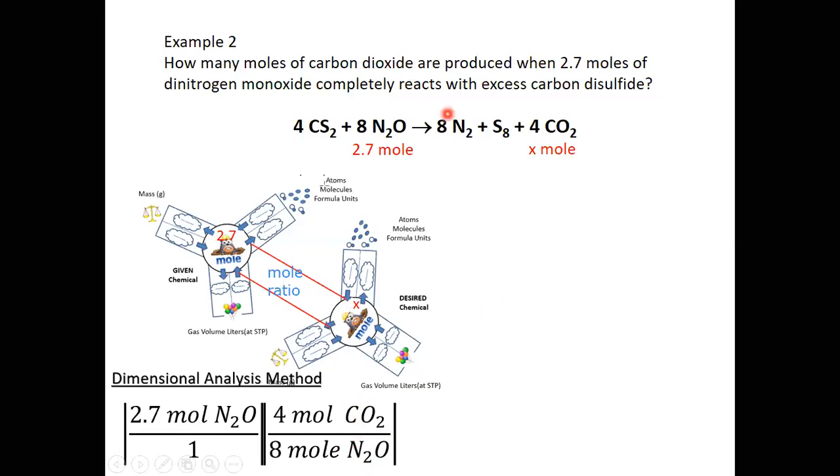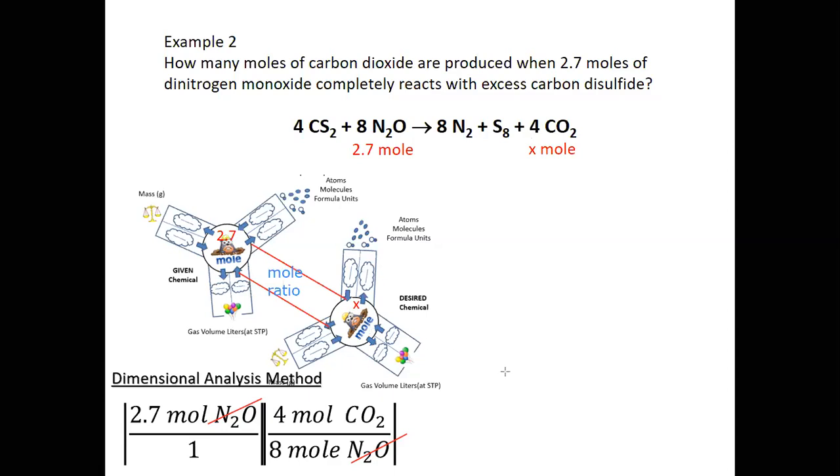And we end up canceling out what we began with, called our given, dinitrogen monoxide, and turned it into our desired, called carbon dioxide, by using the mole ratio. 4 moles of carbon dioxide for every 8 moles of dinitrogen monoxide. This provides the bridge or the path to lead us to the desired chemical.